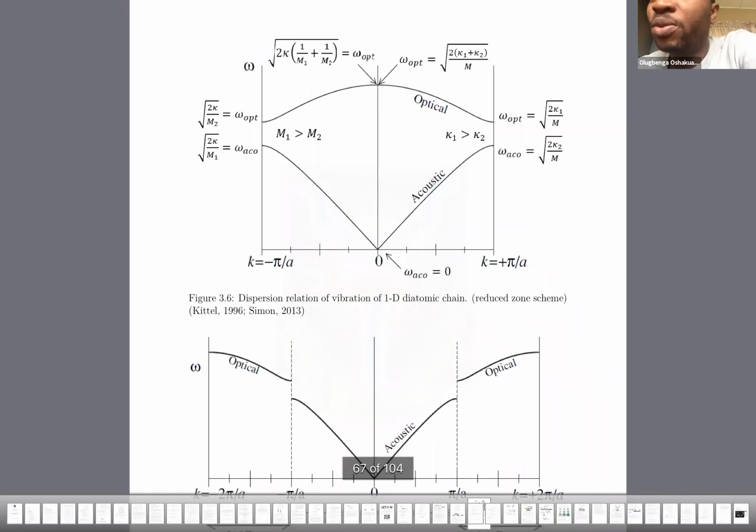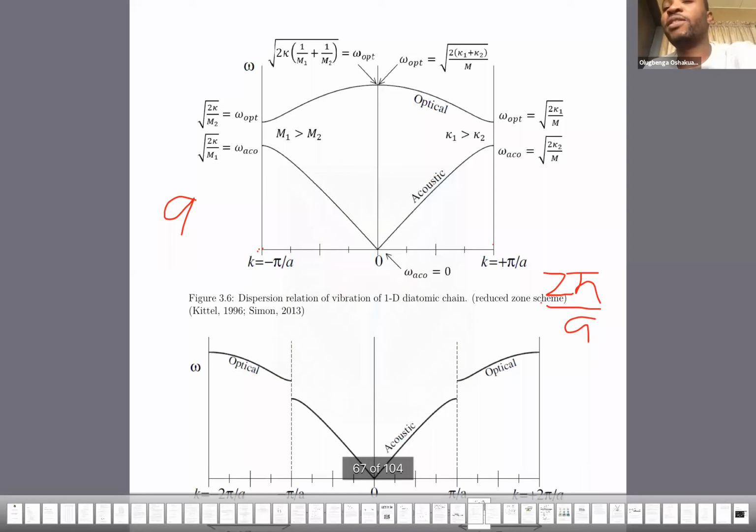So in the direct space, we say that the lattice constant is A. But in the reciprocal lattice, the lattice constant is measured as 2 pi over A. 2 pi over A, meaning that from this edge to this edge.